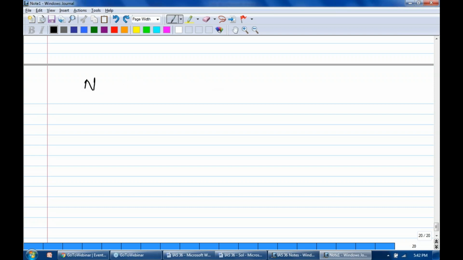Listen carefully, last point. This is about reversal of impairment.